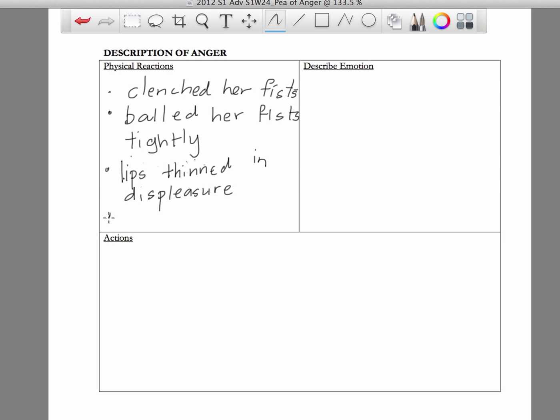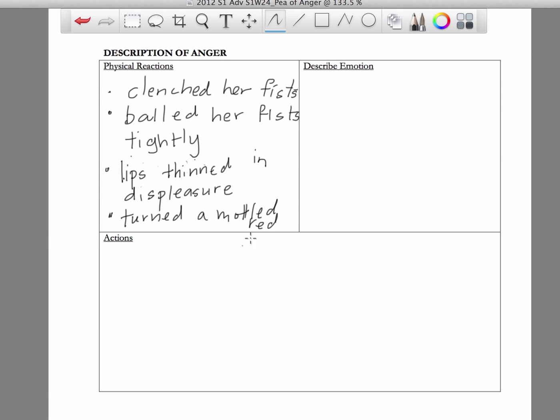Okay, or maybe she turned red. Her face was flushed. Okay, another way of saying that is to say that her face turned a mottled red. Okay, so there you have tons of ways to describe a person's body language when the person is angry.